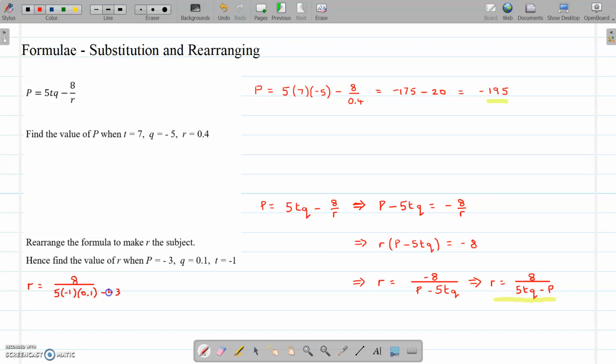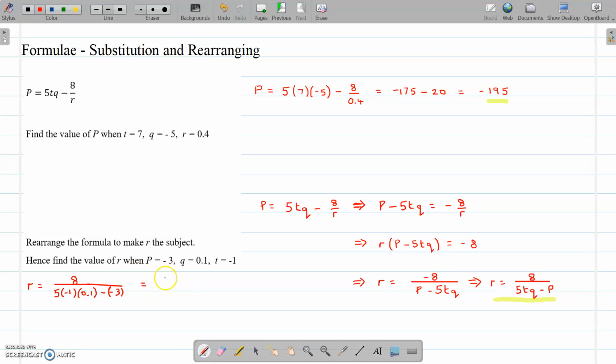Now I'm very careful there to put the -3 in its own bracket, because if I were entering that onto a calculator, it would need to be done very carefully. Okay, so that's what I've got there, and I just now need to evaluate that correctly.